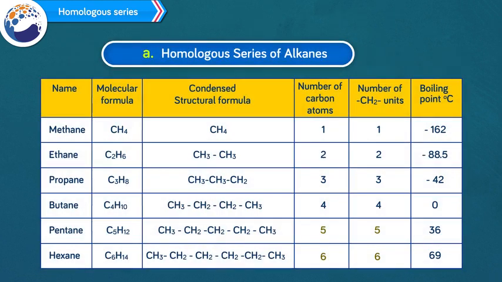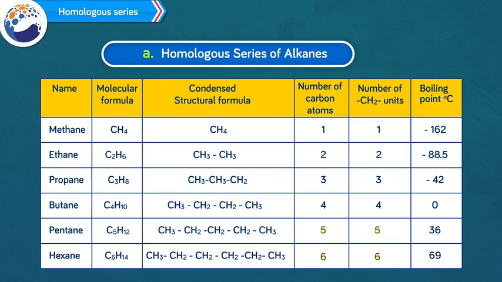A. Homologous series of alkanes. Let's count and write how many carbon atoms are present in the following alkanes. Methane, molecular formula CH4, structural formula CH4. Number of carbon atoms 1, number of CH2 units 1.